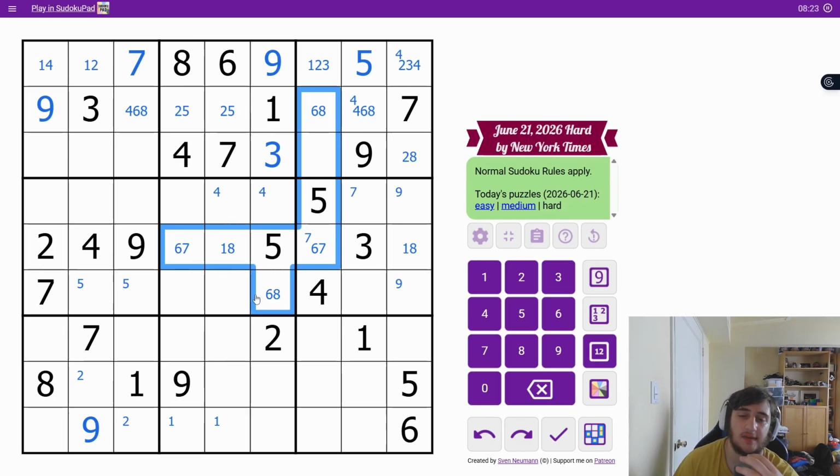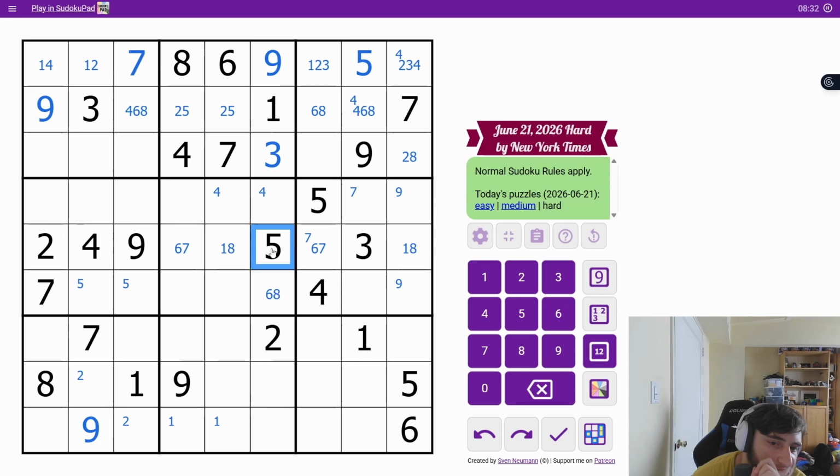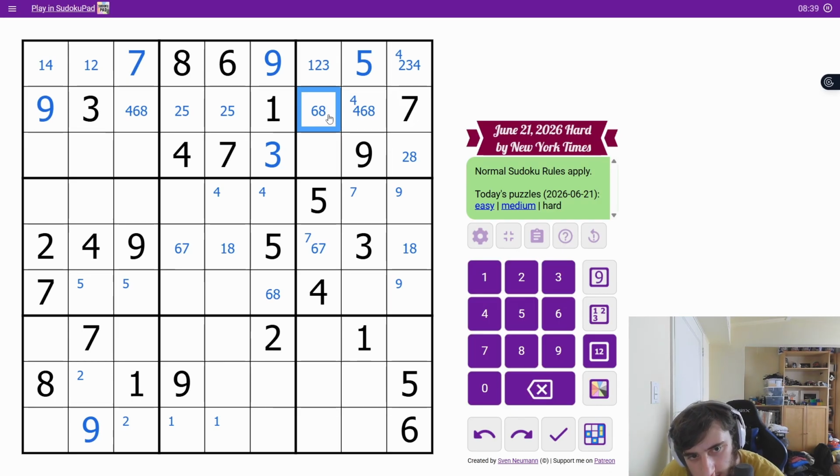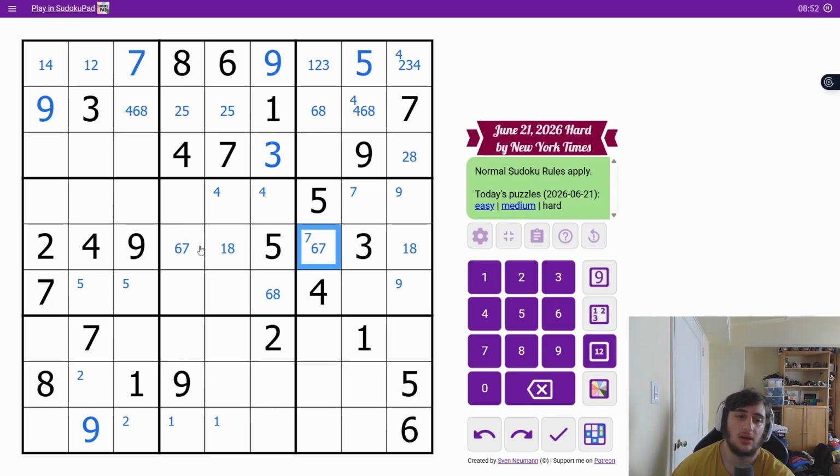What does that tell us? If this is a 6, then this is a 7. And then this would be a 6, and this would be an 8.